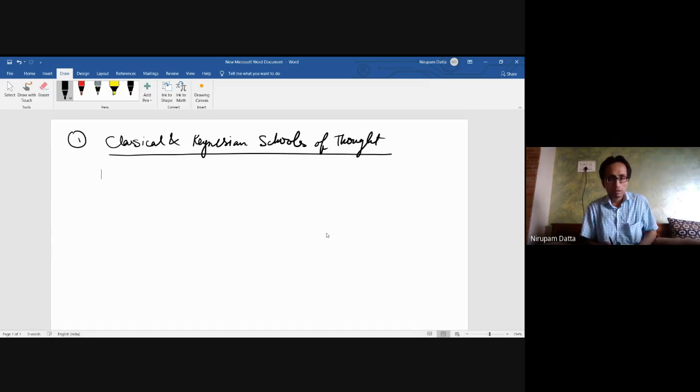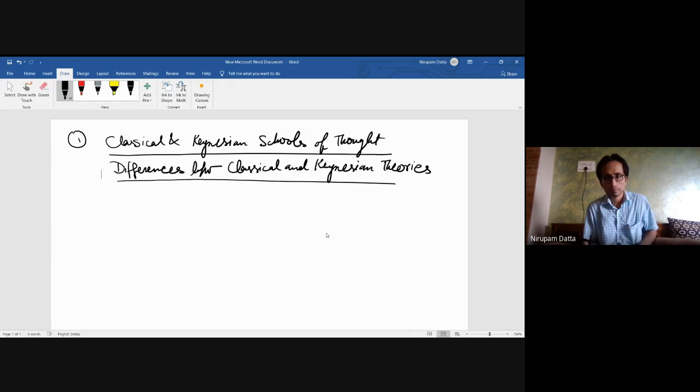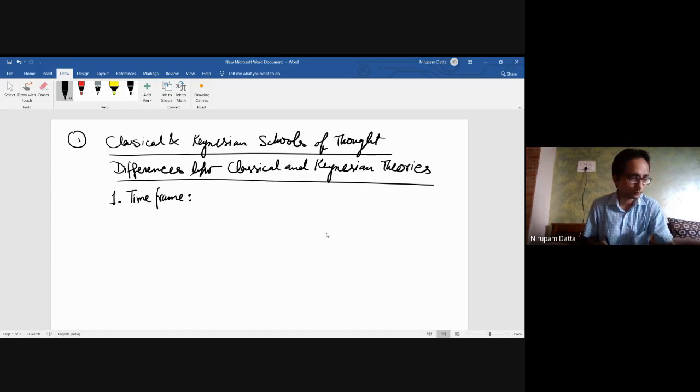Now, today we will begin a discussion about the main differences between classical and Keynesian theories. The first difference is with respect to the time frame.